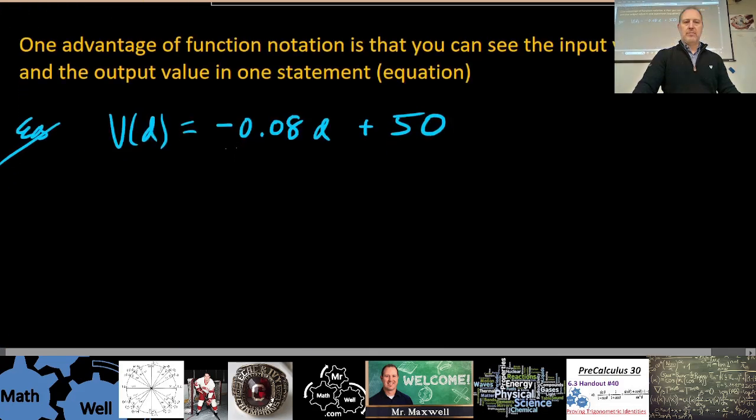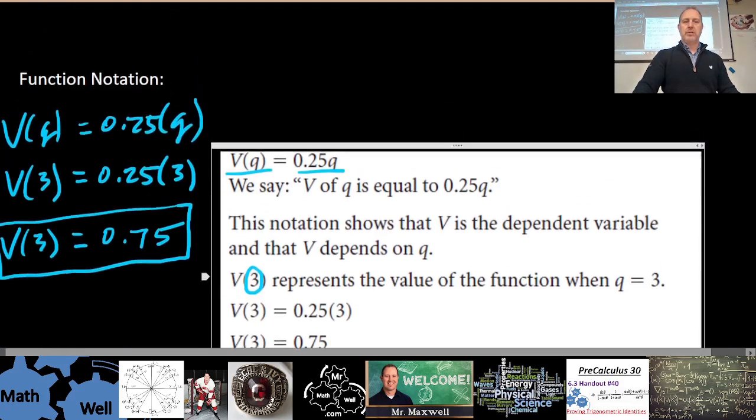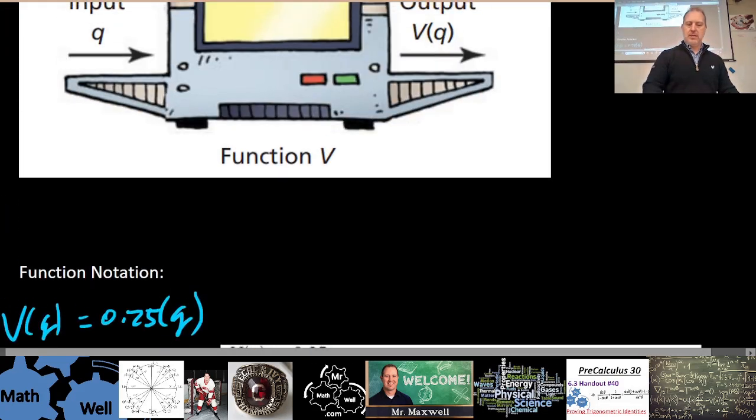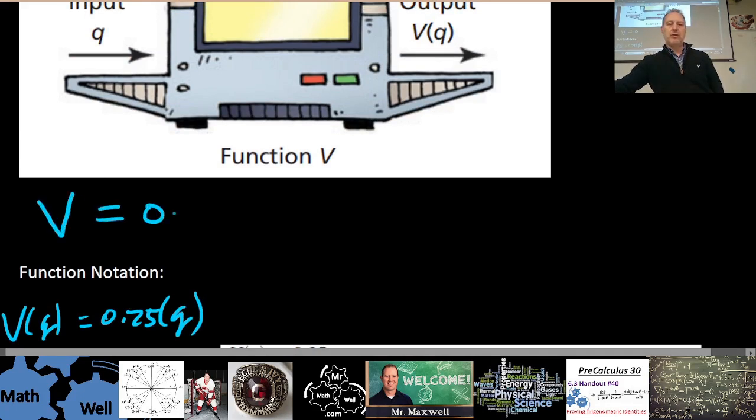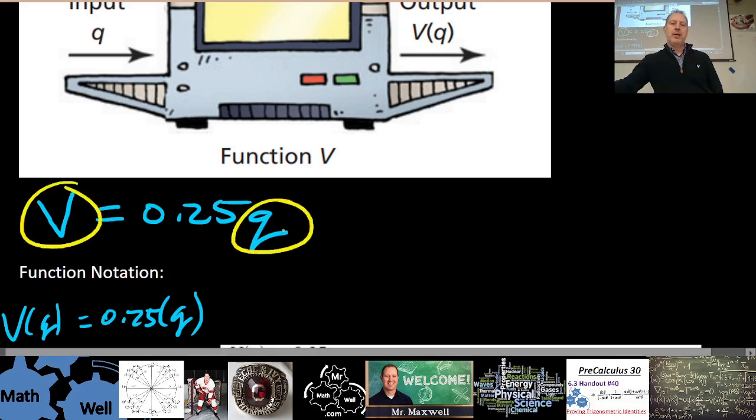All right, so let's talk about this symbol right here. Let's talk about a regular notation, a relationship. If we had v equals 0.25q, that's a simple relationship between v and q, right? If you're given q, the machine works on it and it multiplies by 0.25 and it gives you v.